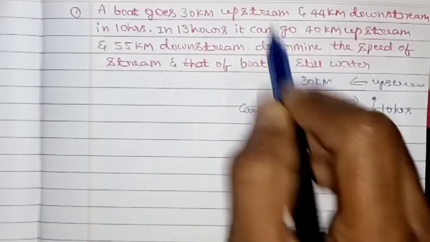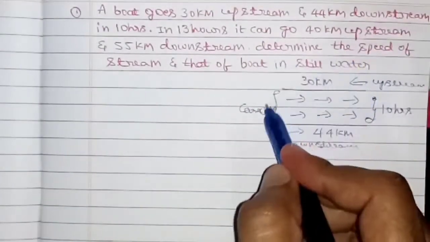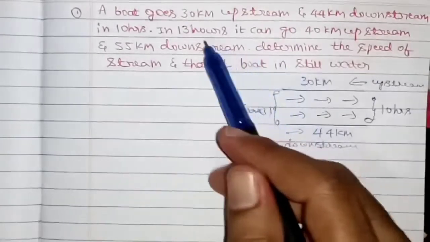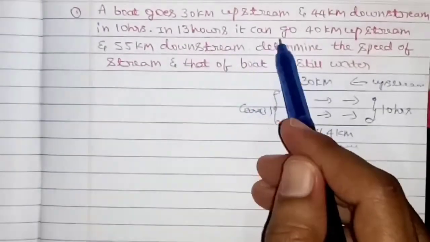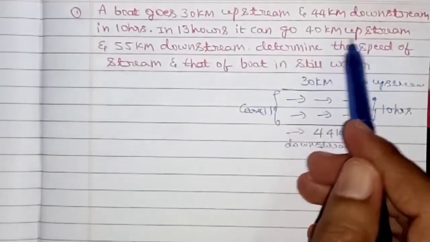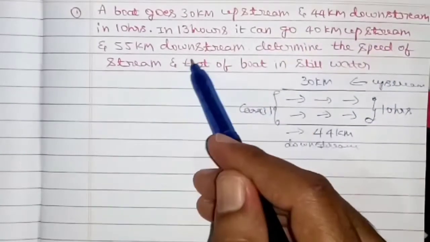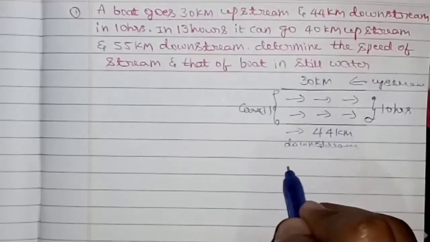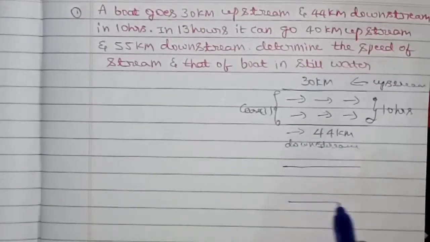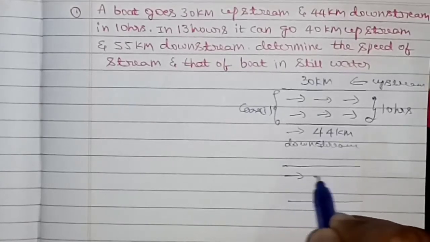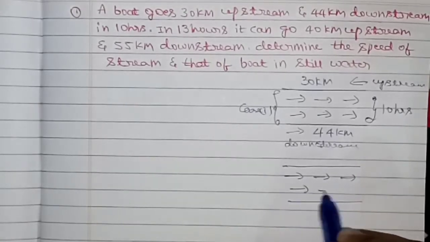Because another condition is there, I'm writing this down as case 1. Now in 13 hours it can go 40 km upstream and 55 km downstream. Let me draw a line like this and consider this as a river, flowing in this direction.